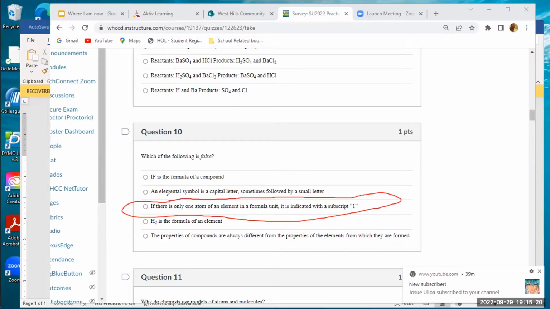Okay, H2 is a formula of an element. Yeah. Because we know which are the diatomic elements? Hydrogen, nitrogen, oxygen, fluorine. No, not helium.